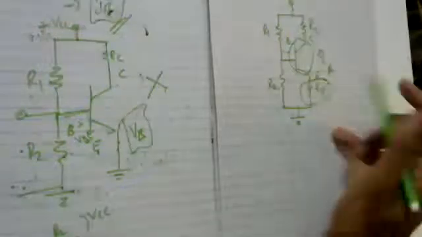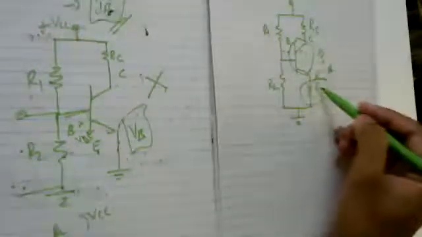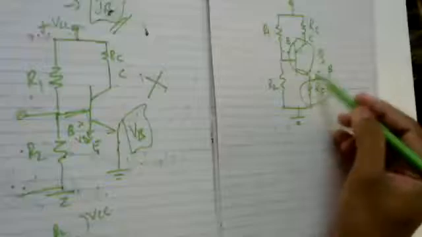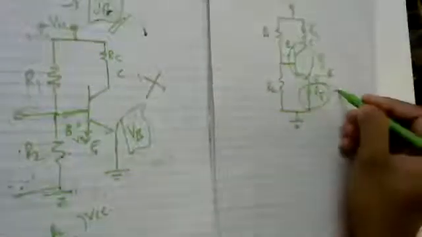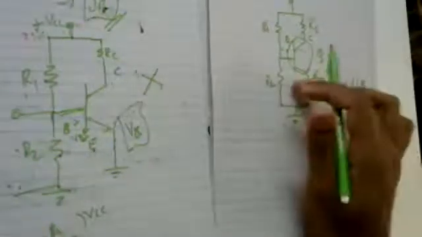You have to remember that emitter resistance is the element which gives negative feedback in the system, which makes the system stabilized. RE is the element which is going to give you negative feedback in the system. I'm going to justify my statement in a short interaction.